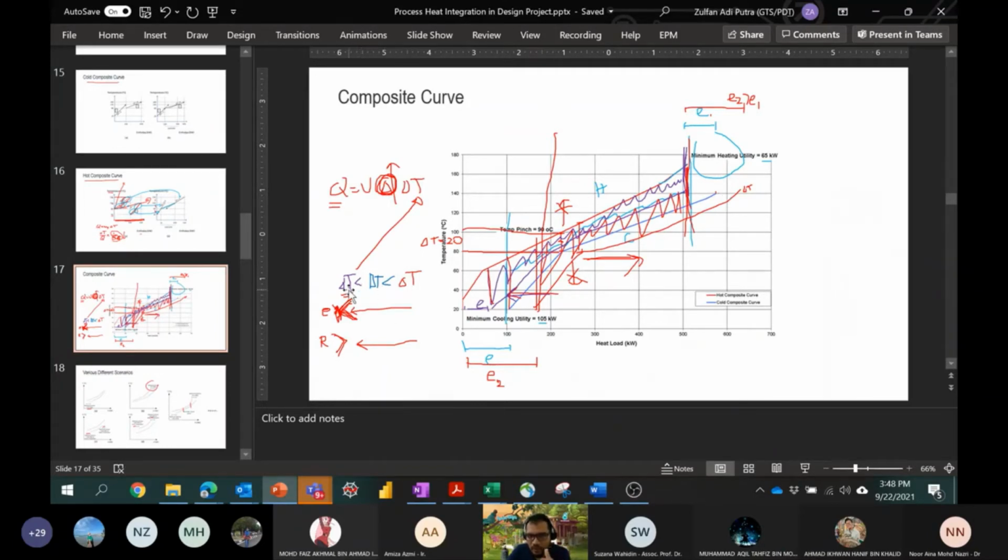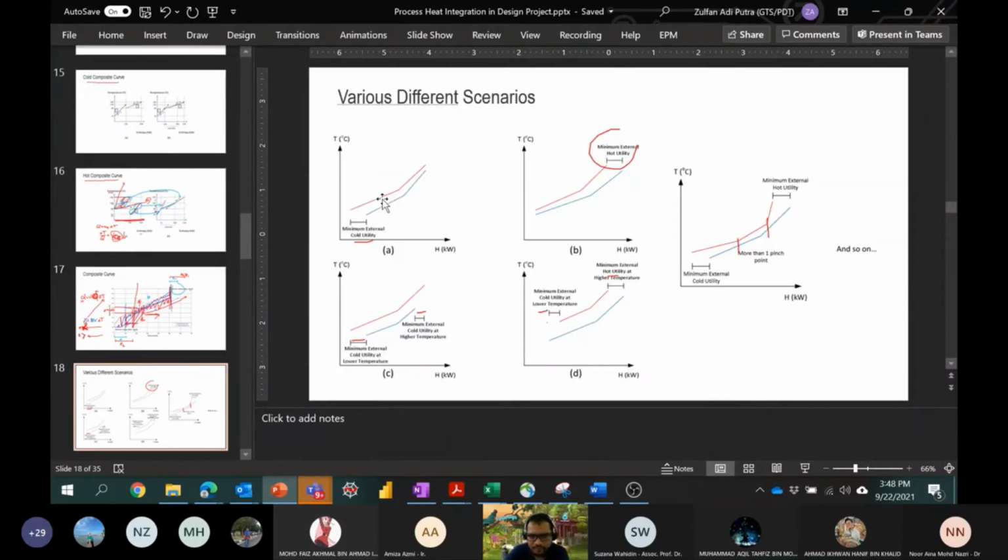That means we will have to reduce the delta T as much as possible and pay more on the capital investment. But if the heating utility is cheap, then we can be relaxed and design small heat exchangers to recover process-to-process energy. So that's basically what we typically do.